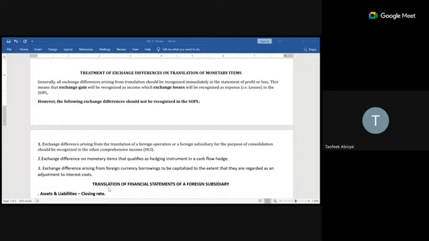So when you have an exchange difference on foreign items that qualify as hedging instruments, as I said earlier, that exchange difference will result in hedging. I have money to pay next week and I am scared that instead of paying 100,000, I will now pay 200,000 as a result of the dollar having risen.